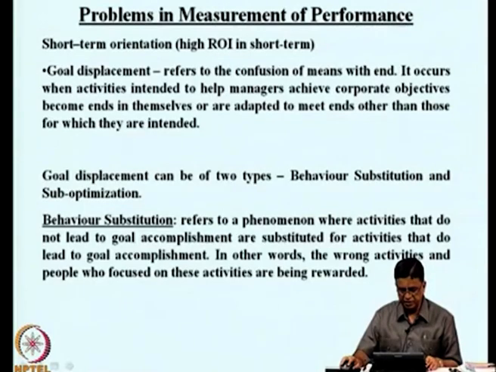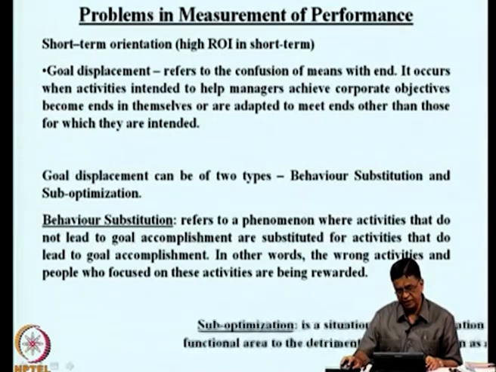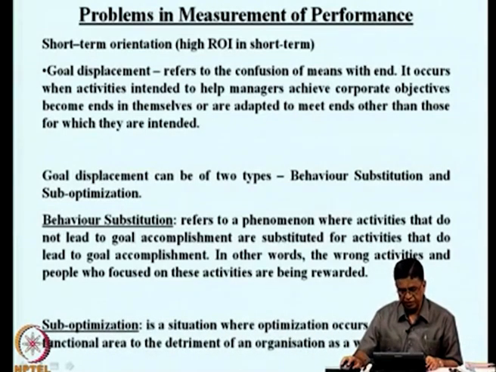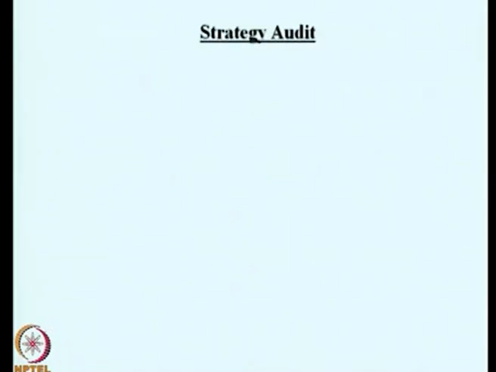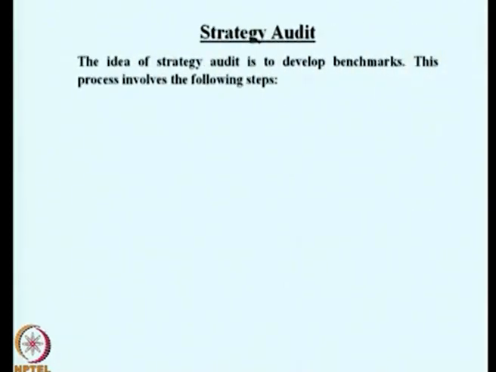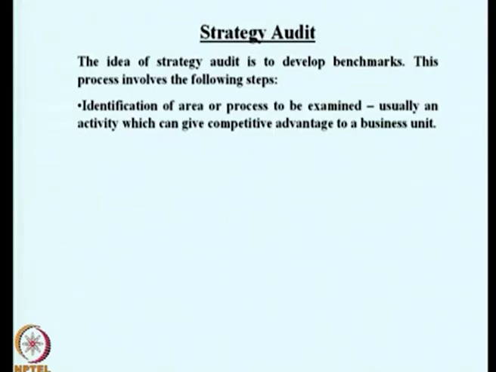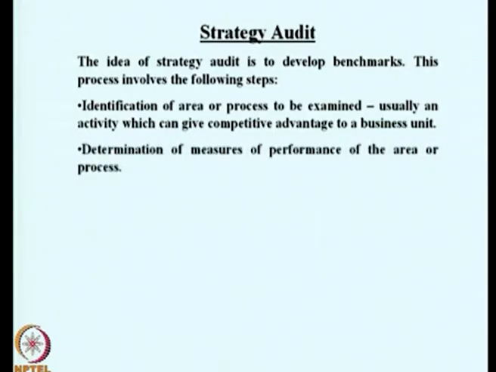In other words, the wrong activities, and people who focus on these activities, are being rewarded. Sub-optimization is a situation where optimization occurs for a unit or a functional area to the detriment of the organization as a whole. We also looked at what is meant by strategy audit.